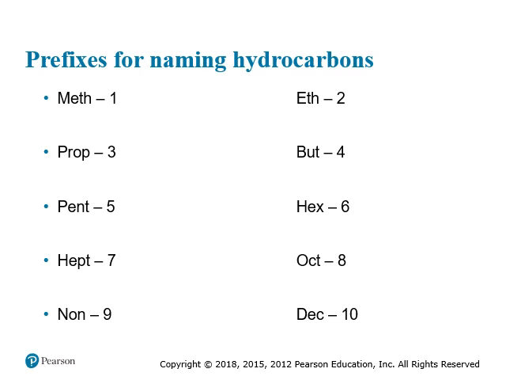So if we were talking about a 7 carbon hydrocarbon, specifically an alkane, we would call it heptane. An 8 carbon alkane would be known as octane. Vroom vroom.